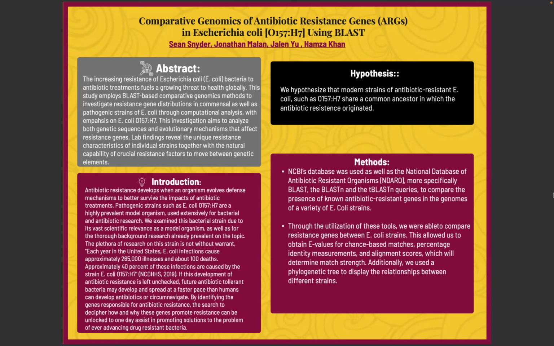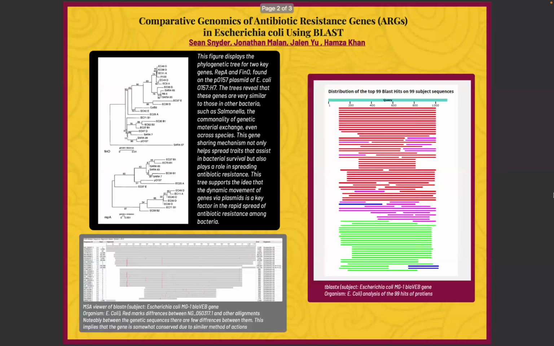Through these tools, we were able to compare the resistance genes between and across the E. coli strains, which allowed us to obtain E-values and percent identity measures, as well as alignment scores, which determine the match strength. Additionally, we used a phylogenetic tree to display the relationship between the different strains.